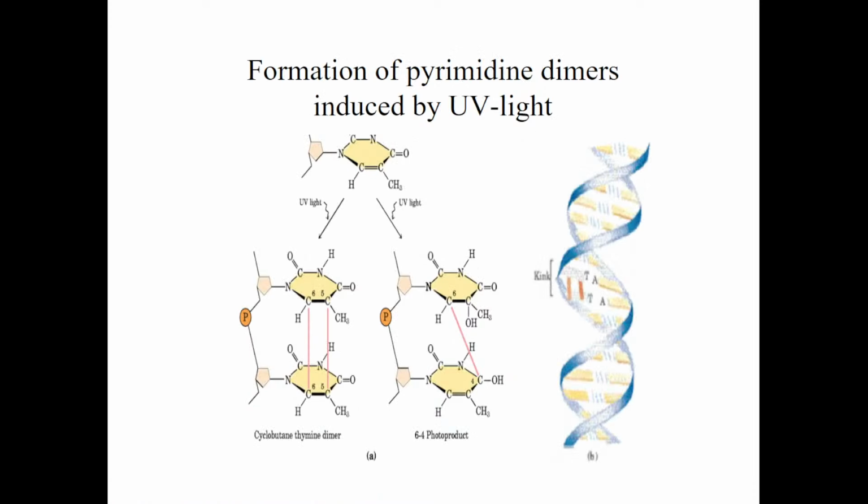The next modification factor for DNA is ultraviolet. Ultraviolet can be absorbed by pyrimidine rings. And if two pyrimidine rings appear together, for example two thymines next to each other, or thymine and cytosine, it can lead to forming of covalent bonds.